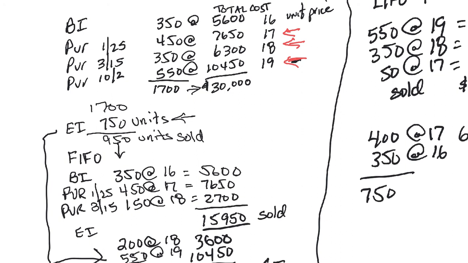$6,800. $5,600. Equals 12,400. So that's our ending inventory under LIFO.